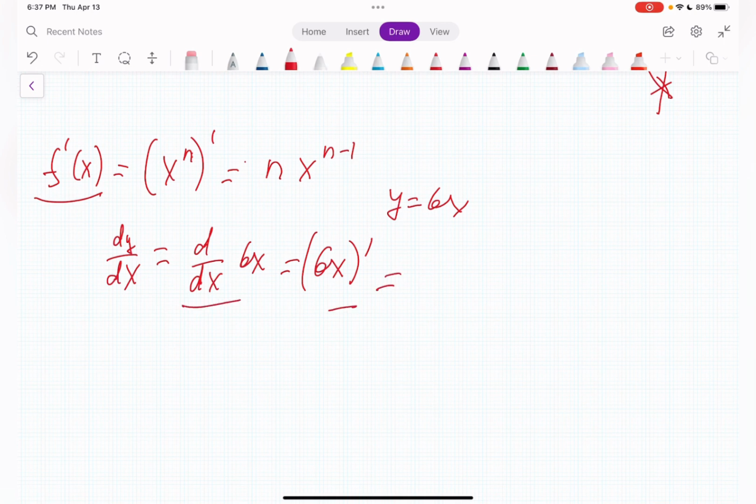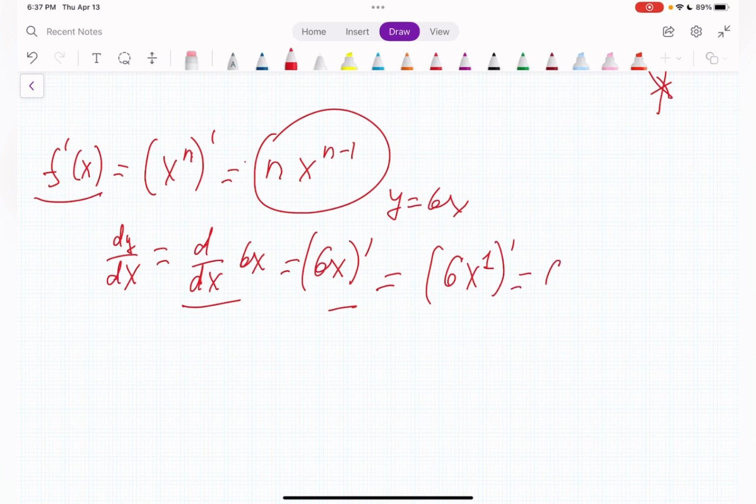So we are going to use exactly the same way. Let me write down 6x, it's going to be to the power 1, right? Prime. So this 1 comes in front, 6 times 1, and next it's going to be 1 minus 1.